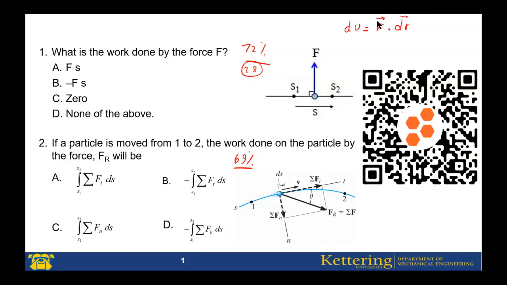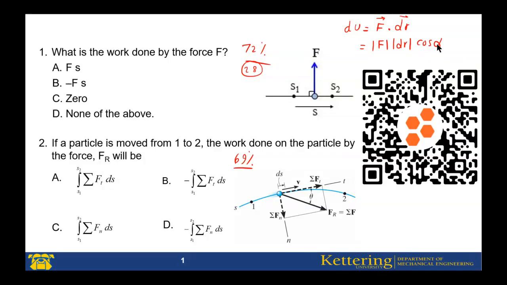Displacement along the curve. And you remember this one can be written as the absolute value of F, absolute value of dr, multiplied by cosine alpha. Alpha is the angle between the force and displacement.